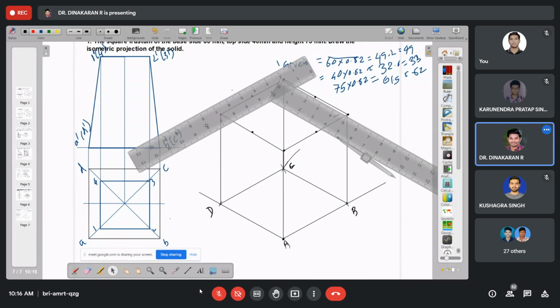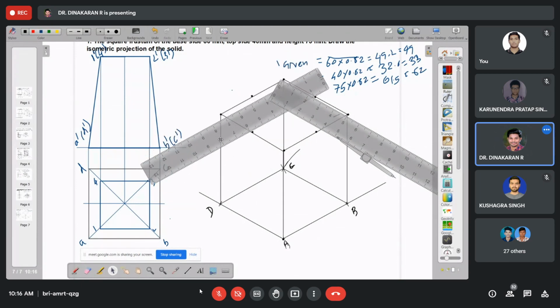Then after that, extend this line as a thin line. This line also is a thin line.